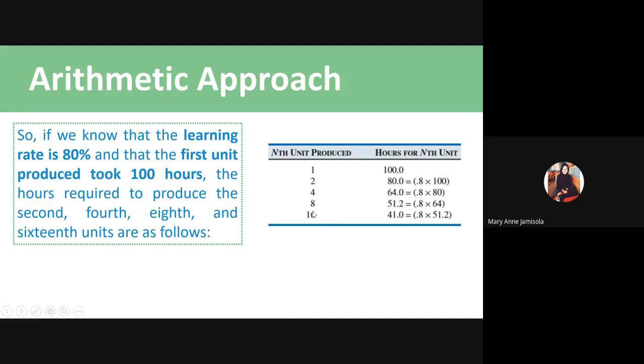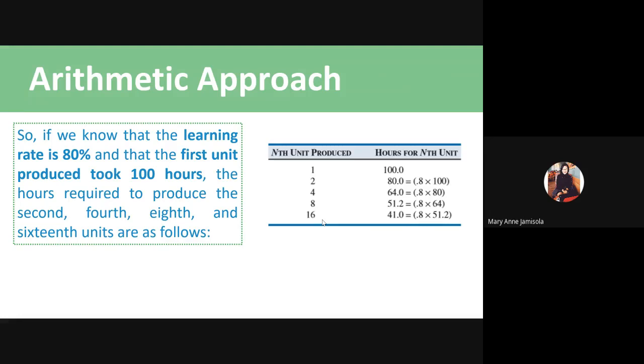So if we are to compute for the number of hours used to produce the 16th unit, we don't need to go through 2, 4, 8 na. So let's say we are required to compute for the number of hours required to finish the 16th unit. Let's use the formula this time. T times L to the power of n. T is the number of hours required to finish the first unit, in this case 100 hours.